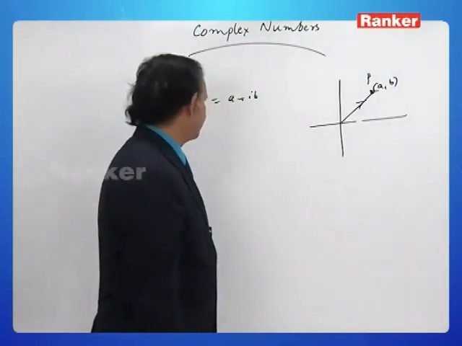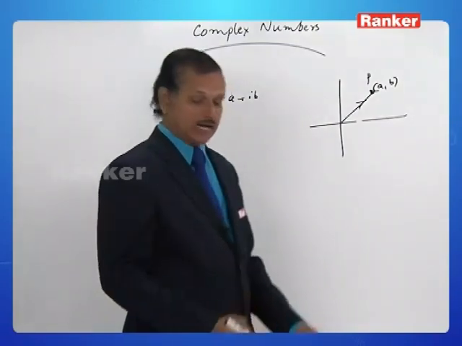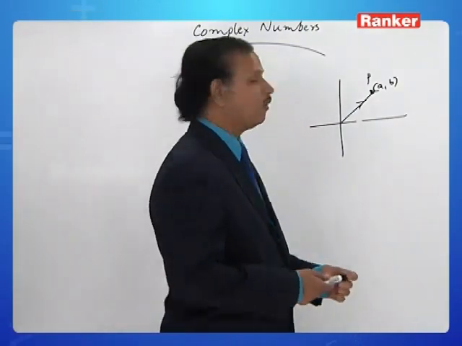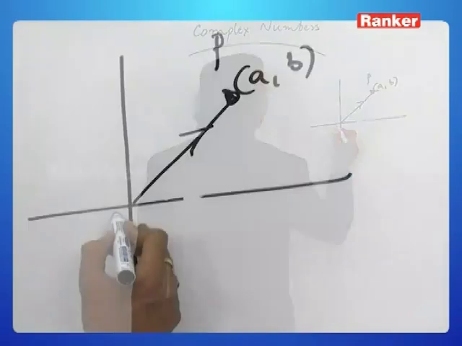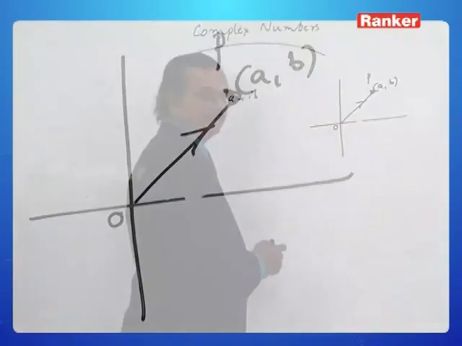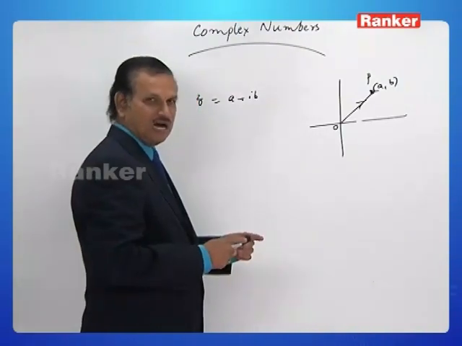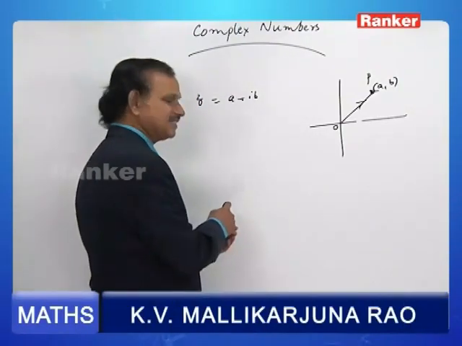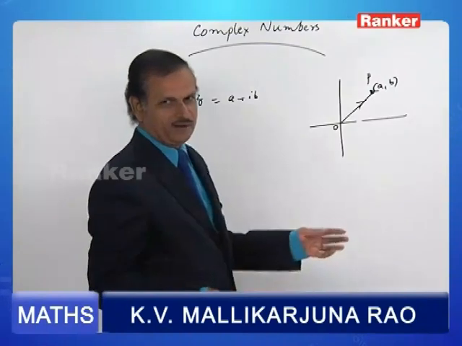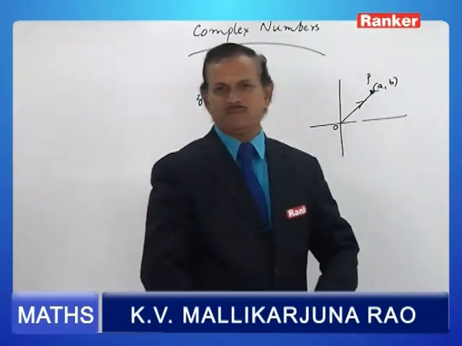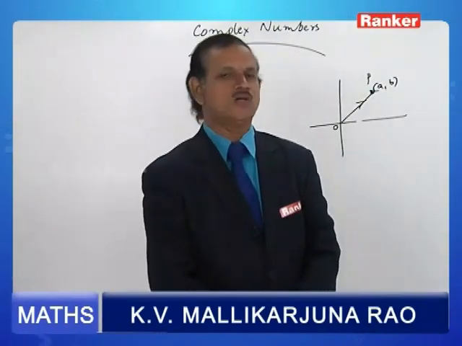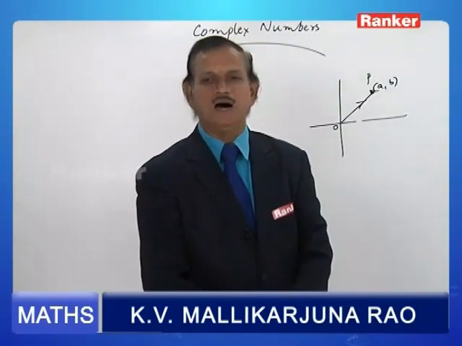The complex number z is equal to a plus ib can also be represented as the vector OP bar, starting from O. Well, this is the key point of representing a complex number such as z is equal to a plus ib on the orthogonal plane as a point AB, and not only that, as the vector OP bar.